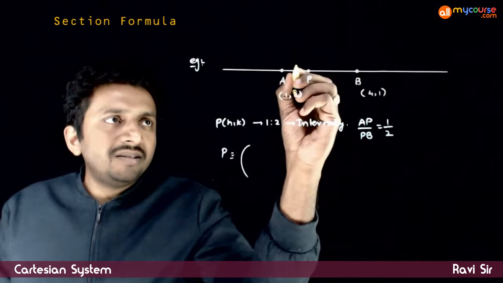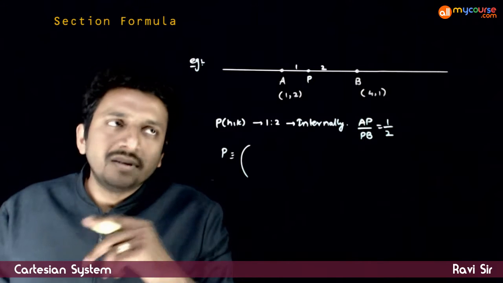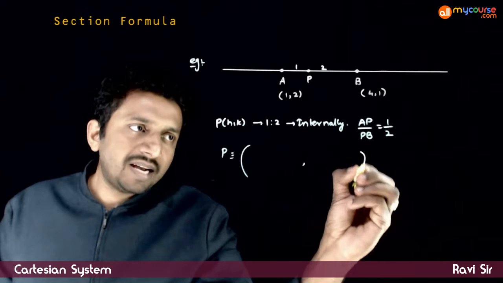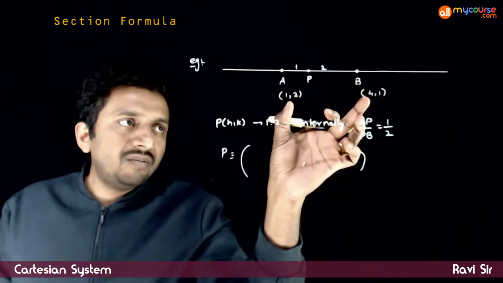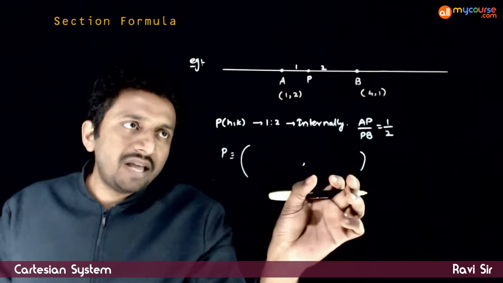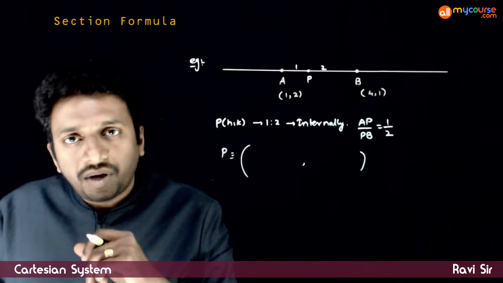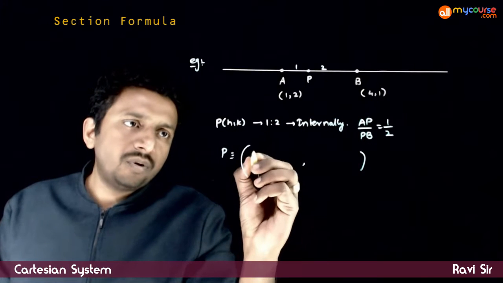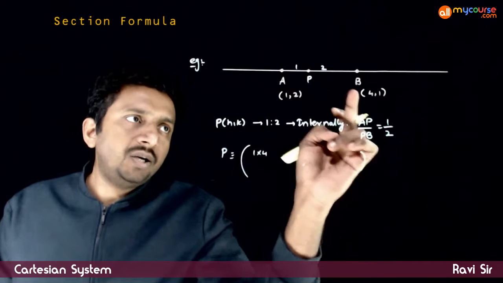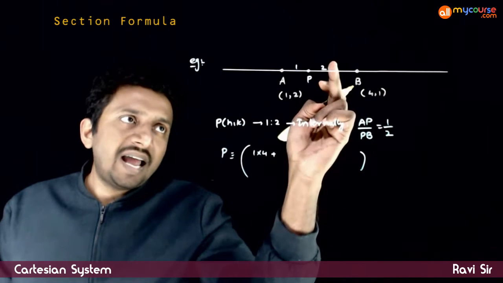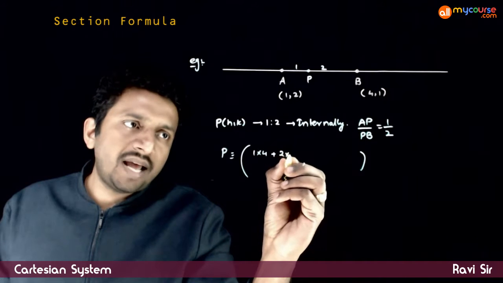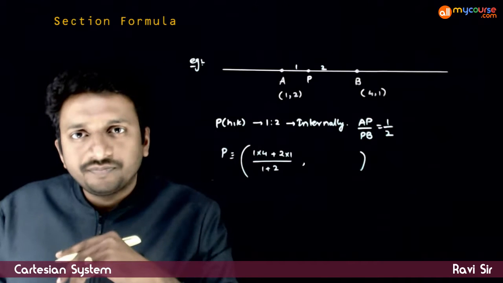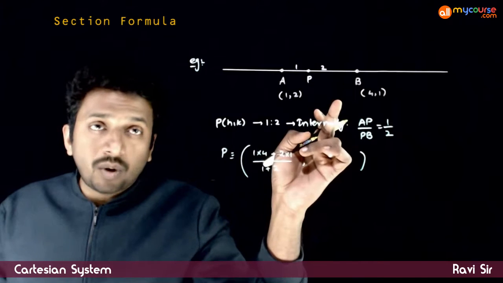So P is given by, this ratio is 1:2. You have to do the cross multiplication. Remember that the x coordinate of P involves only the x coordinates, and the y coordinate of P involves only the y coordinates. So what is the x coordinate of P? 1 into 4, m into x2 plus n times x1, 2 times 1, by m plus n, which is 1 plus 2. What is the y coordinate?